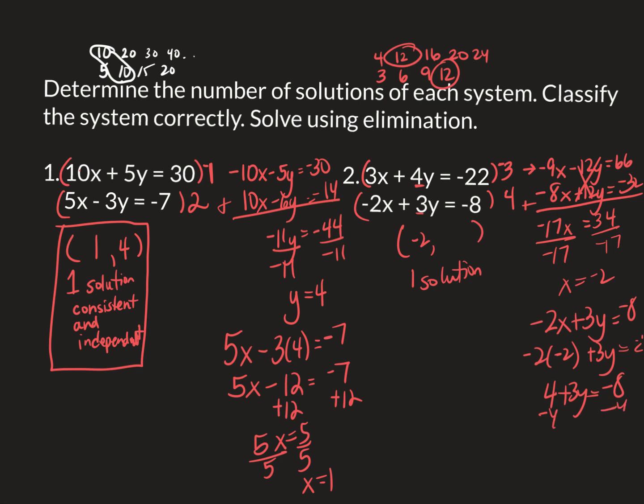Subtract 4. 3y equals negative 12. Divide by 3. So y is going to equal negative 4. That's the other solution. And this is consistent and independent.